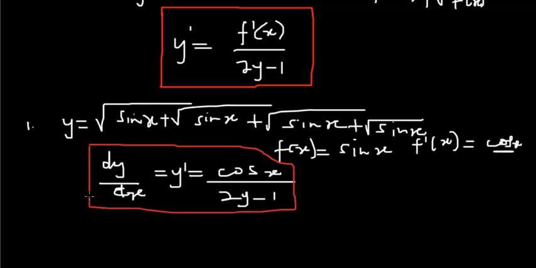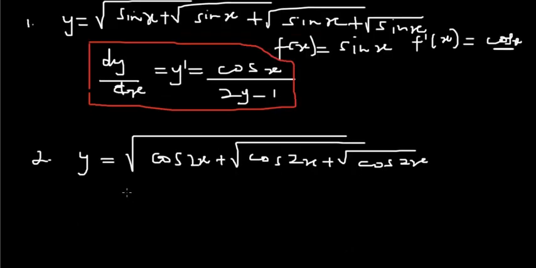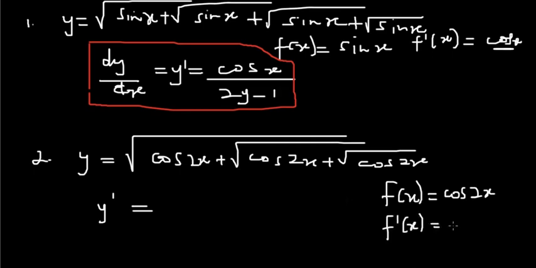Let's solve another problem so you get to appreciate the concept. Let's say our second example is this y, and we are told to find y prime. Just use the same principle. You find your f of x, which is cos 2x, and then you find f prime of x. When we differentiate cos 2x, we end up with minus 2 sine of 2x.